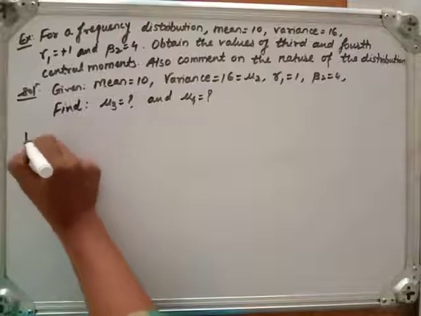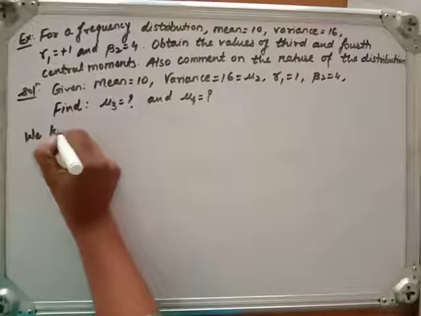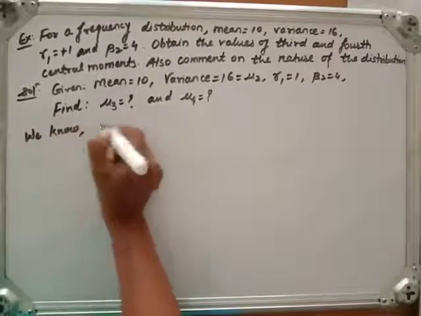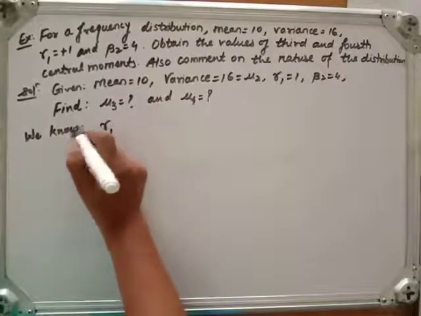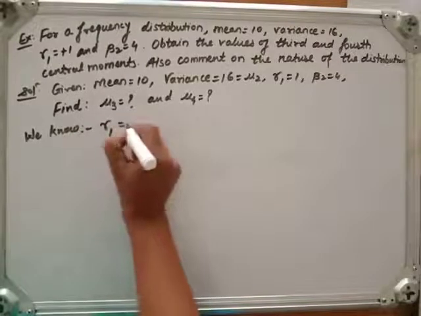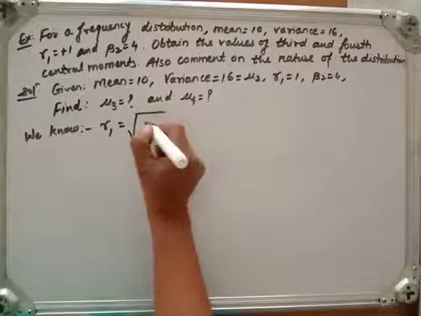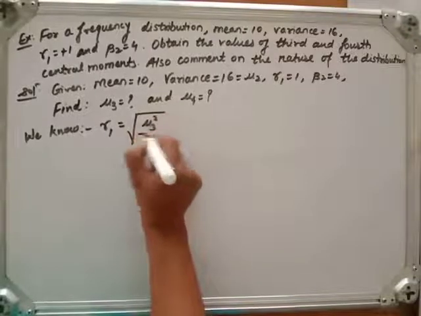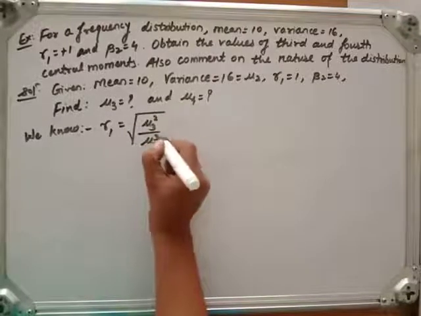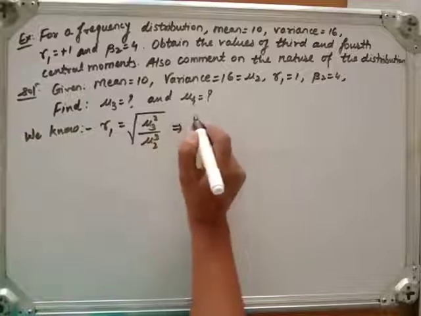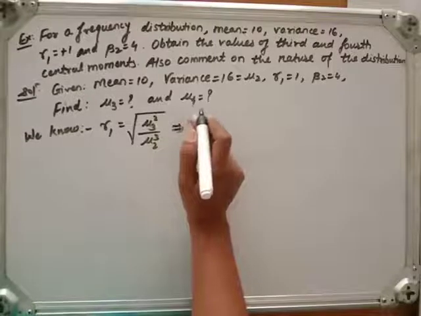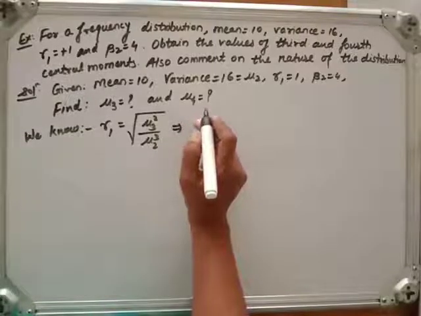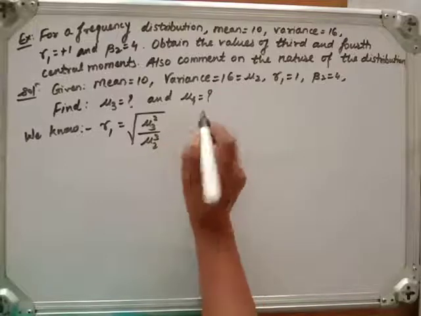Okay, so we know gamma 1 equals root of mu 3 square upon mu 2 cube. That gives us gamma 1 is 1.